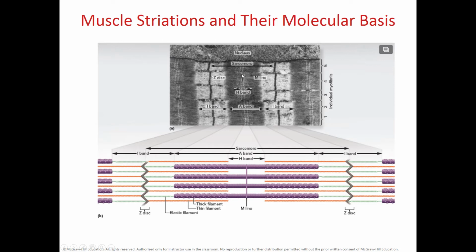So that's why you see this dark band, because the light doesn't go through as much. And then these filaments in here are held by titin into the Z disc, so they can contract and relax, and they can stretch back. And then this is the I band, which corresponds to this, and the Z disc will be located in here.